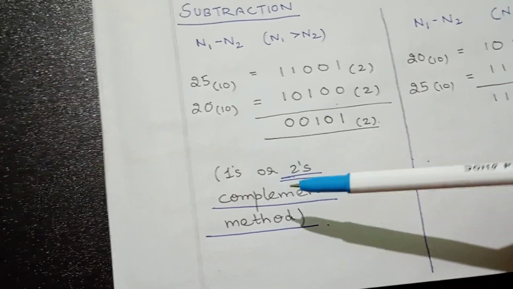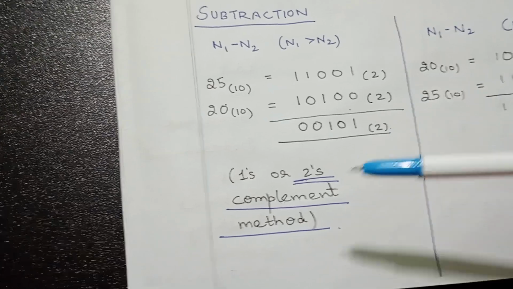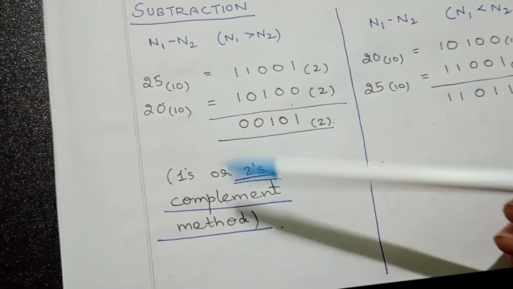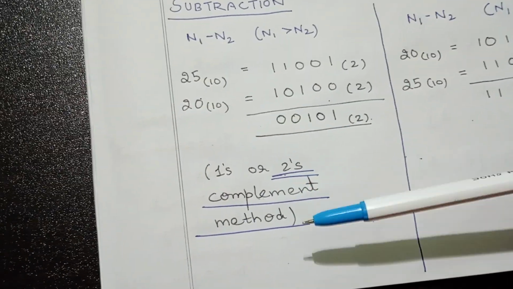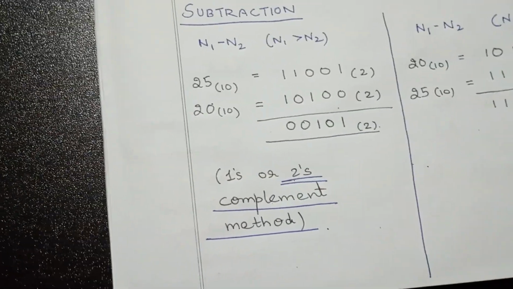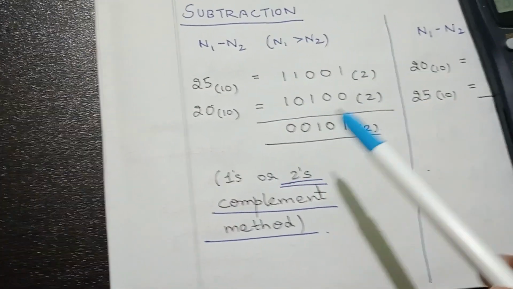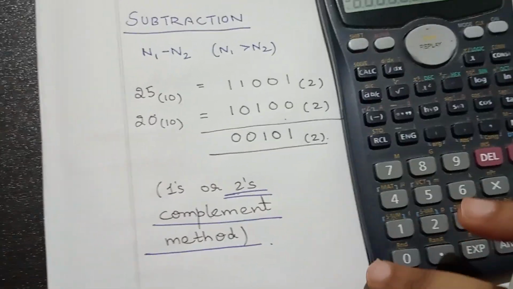In the first years, we are usually taught using ones or twos complement method, common to most of the branches. But the calculator will do all the subtraction using the twos complement method of addition itself, and not the ones complement. For n1 greater than n2, where the difference is positive and there is no borrow, it is very pretty simple.